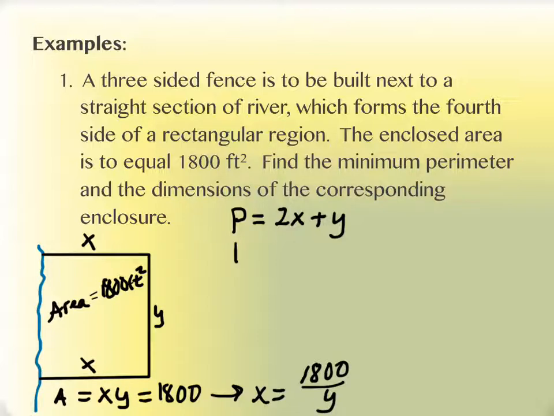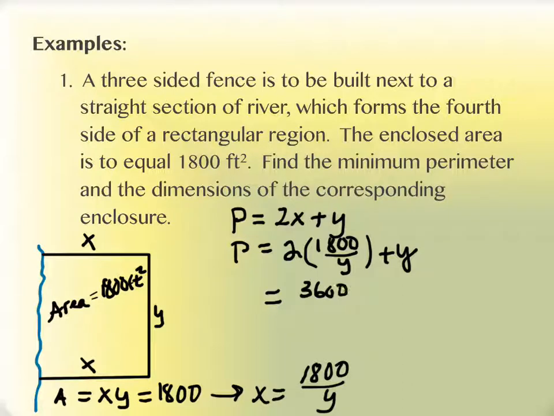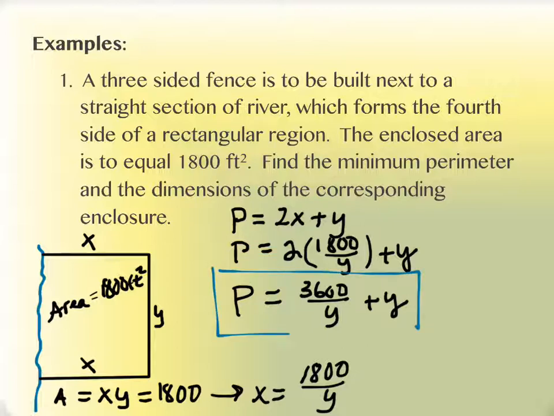So up here in my original problem then, I can rewrite this as 2 times 1,800 over y plus y. So this will become what? 3,600 over y plus y. Excellent.